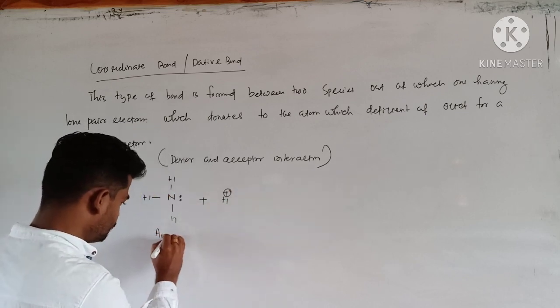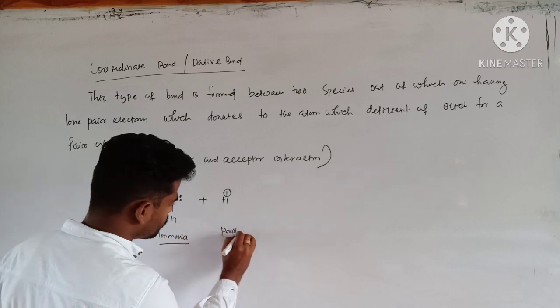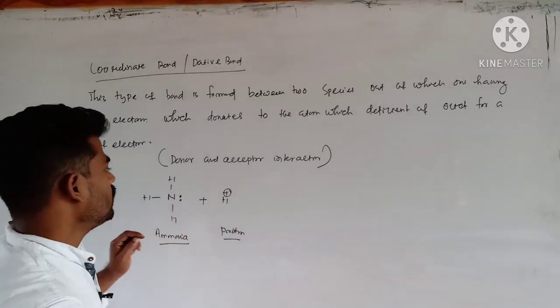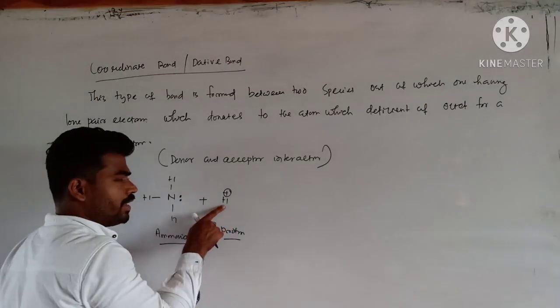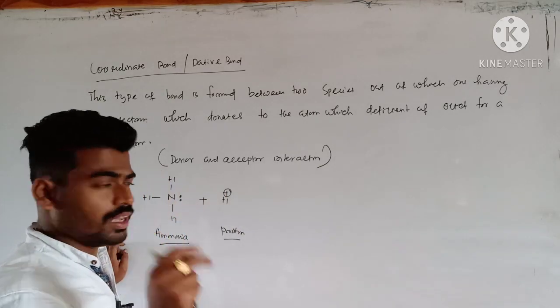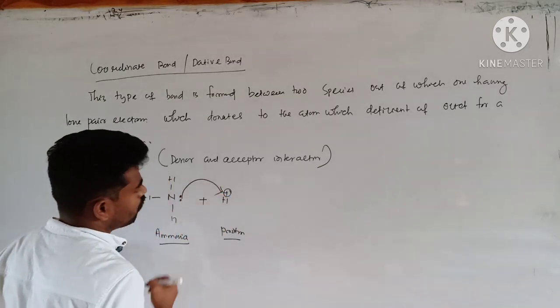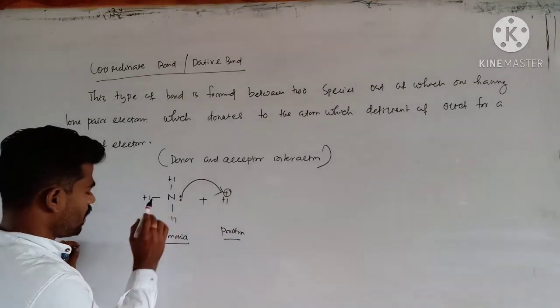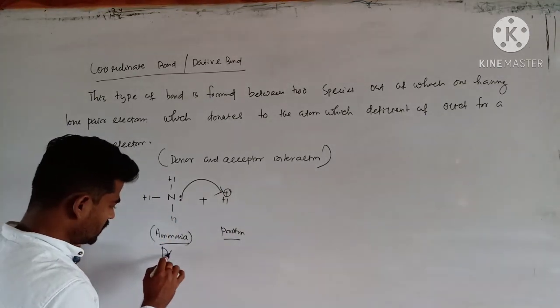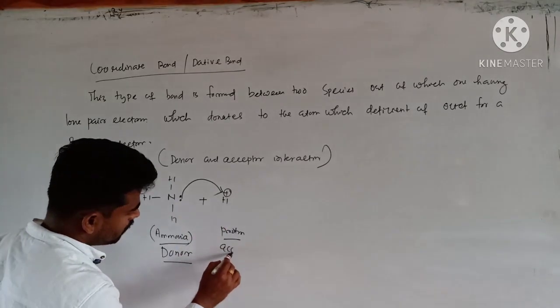This is ammonia and this is a proton. Here you see this hydrogen is without its electron. That's why H+. It needs 2 electrons, like helium. So now this lone pair of electrons is donated towards H+. So here the entire ammonia is the donor, while this H+ is the acceptor.